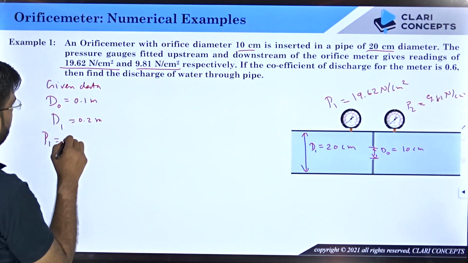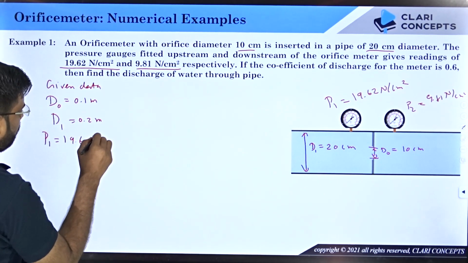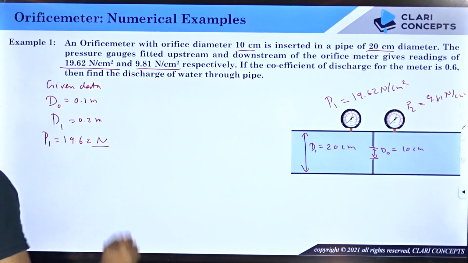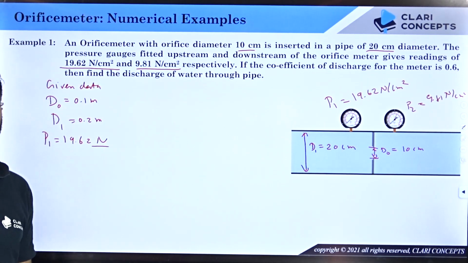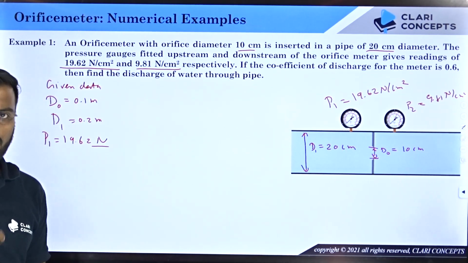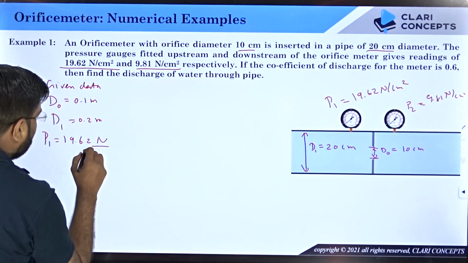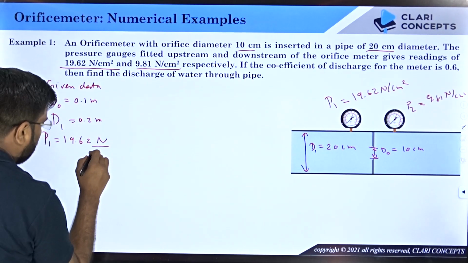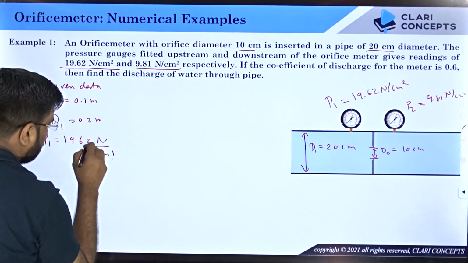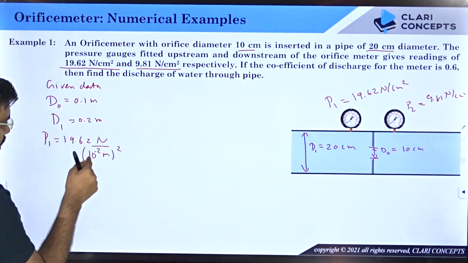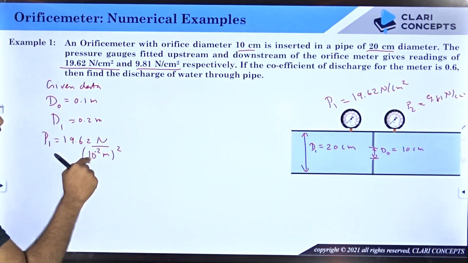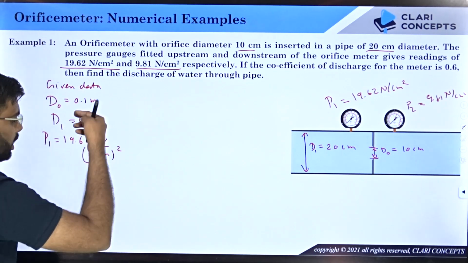If they are not in Pascal, you can convert them very easily. Let's say P1 is 19.62 Newtons per centimeter square. If I want to convert centimeter into meter, the conversion is 10 to the power minus 2. So 1 centimeter is 10 to the power minus 2 meter, and the square of that is 10 to the power minus 4. When this comes in the numerator, it will be plus 4.